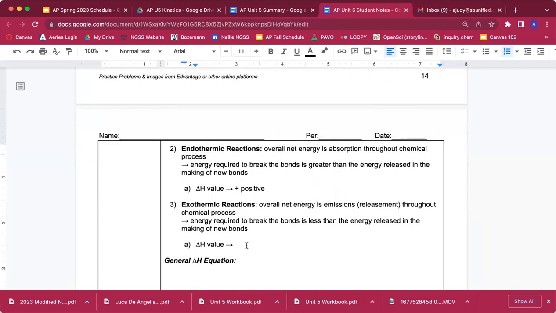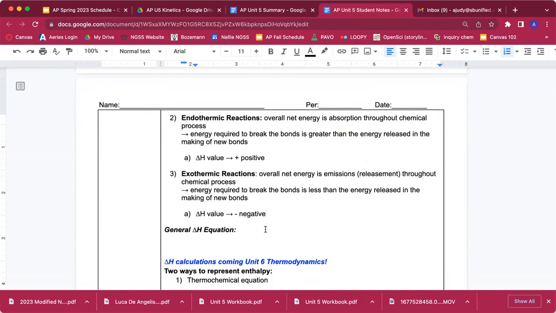Okay. But quantitatively, the ΔH value is going to be a negative if we take final minus initial heat or chemical bond energy arrangement and we compare them. We'll see that there's a negative change in enthalpy, or heat energy stored in the chemical bonds, when looking at exothermic reactions.